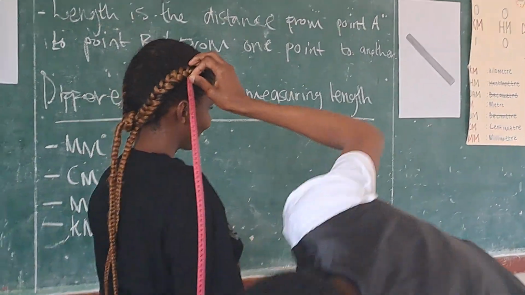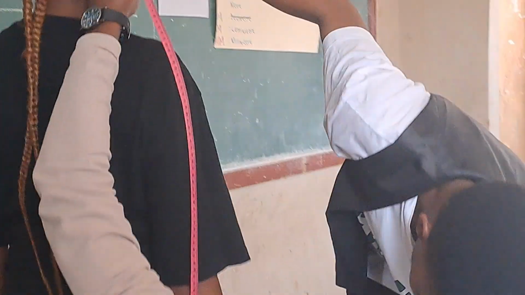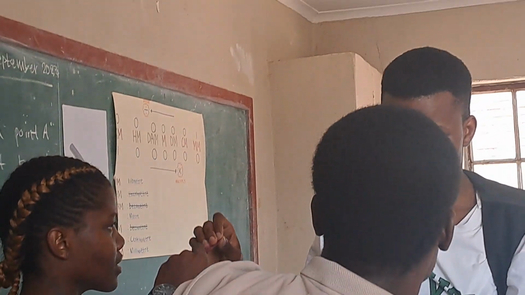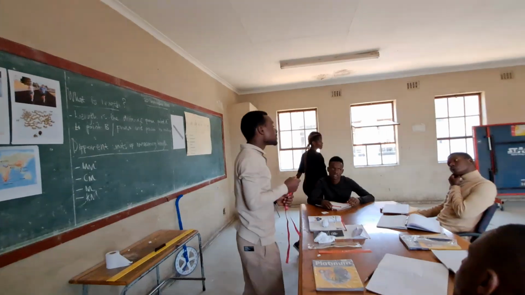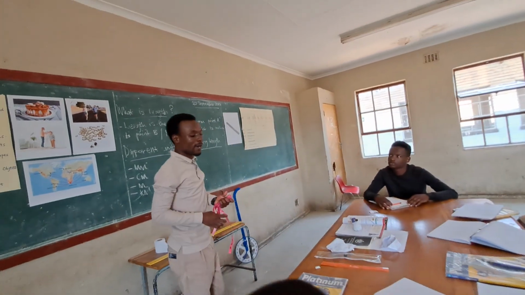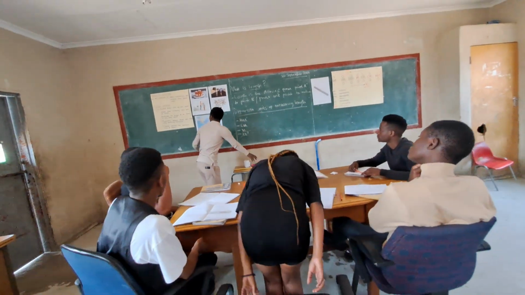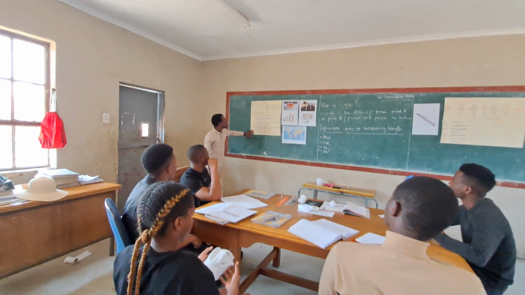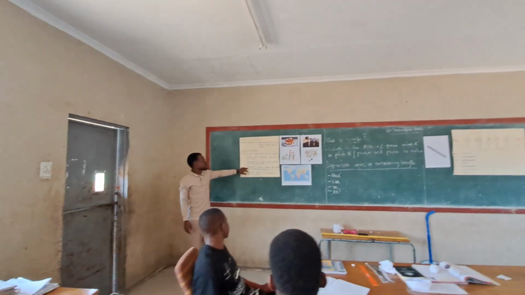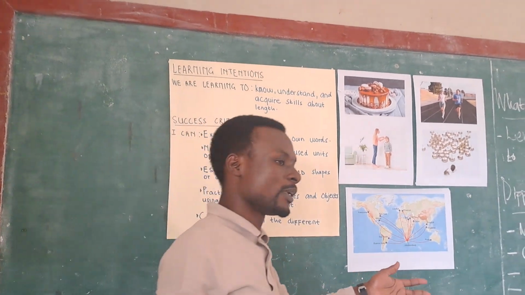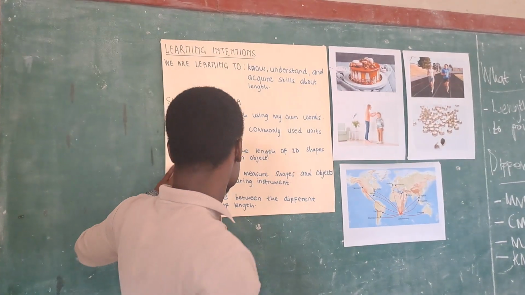It gives you how much? 150 centimeters. Exactly. It's 150 centimeters. Yes. Then, can we all practically measure shapes and objects using measuring instruments? We know how to use the measuring instruments. It's very simple using measuring instruments.